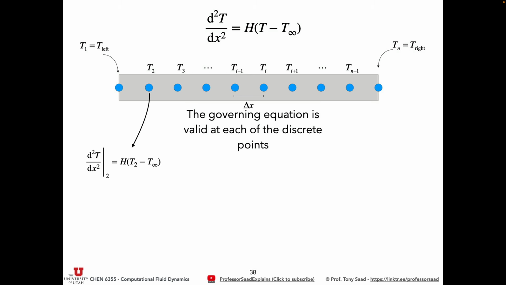So d²T/dx² at point 2 is indeed equal to h times (T2 minus T infinity). So be careful about the indexing here. Same thing for point 3: the second derivative of temperature at point 3 is equal to h times (T3 minus T infinity). And so on. For an arbitrary point i, it's h times (Ti minus T infinity).